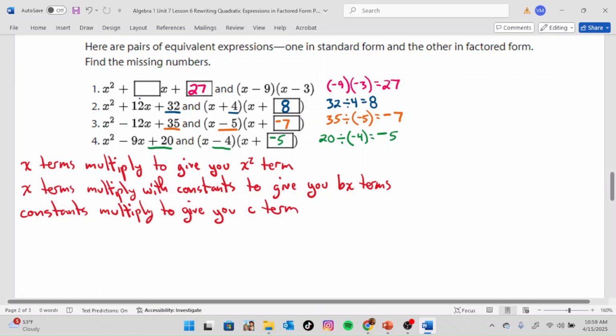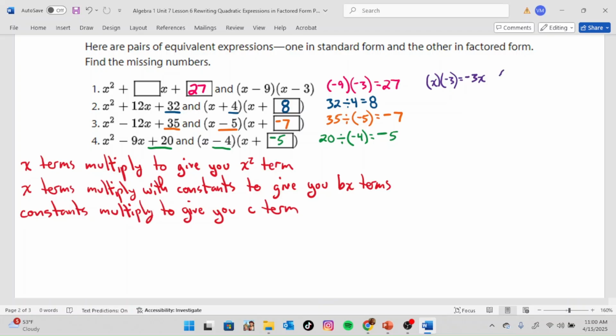The last thing I need to do is find my bx term. So I'm going to multiply x times negative 3, and that's going to give me negative 3x. Then I'm going to multiply negative 9 times x.